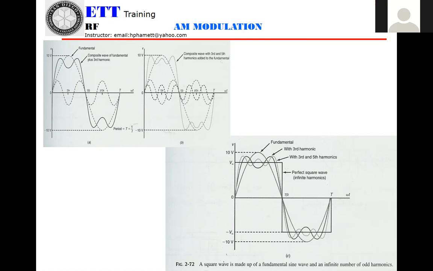Zero. Infinity? What is the bandwidth of the 1 kilohertz square wave? That's what they ask you in an interview. This only requires understanding.